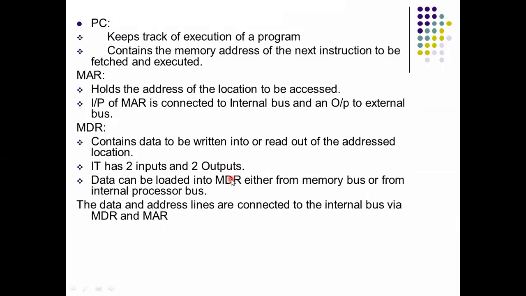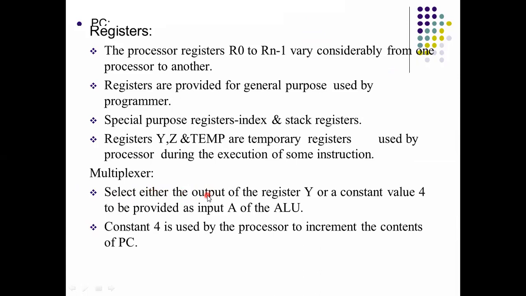That is what is said here: select either the output of register Y or a constant value 4 to be provided as input A of the ALU. Constant 4 is used by the processor to increment the contents of PC. 2000, 2004, 2008, like that each instruction is stored in 4 memory locations.